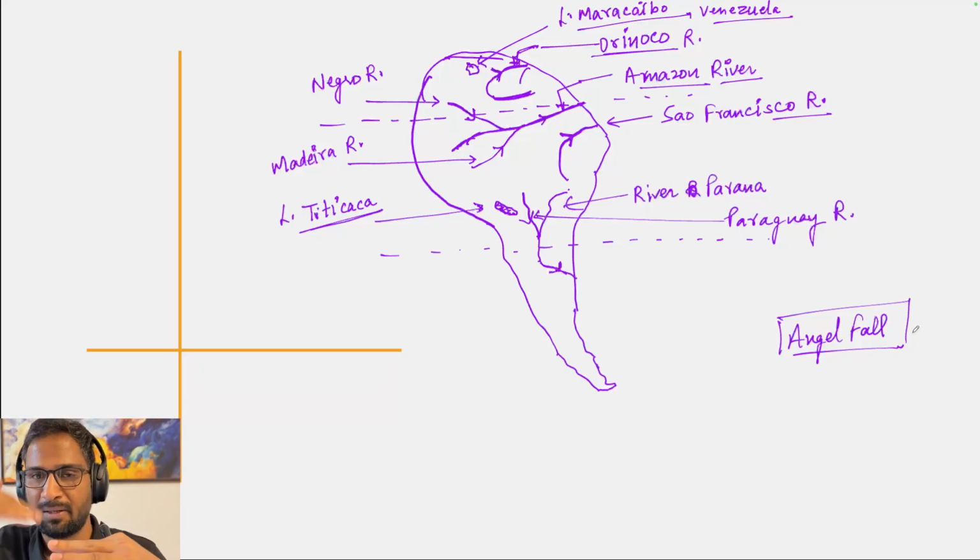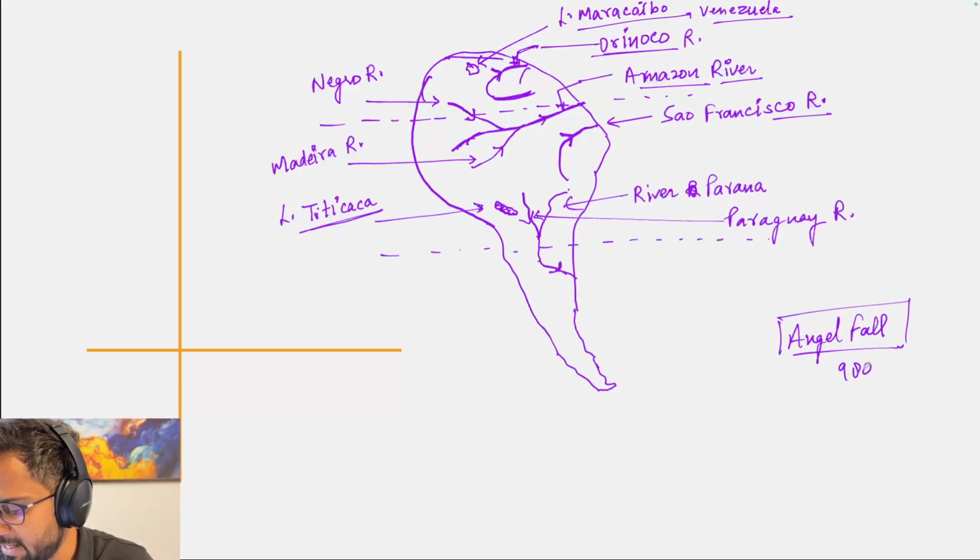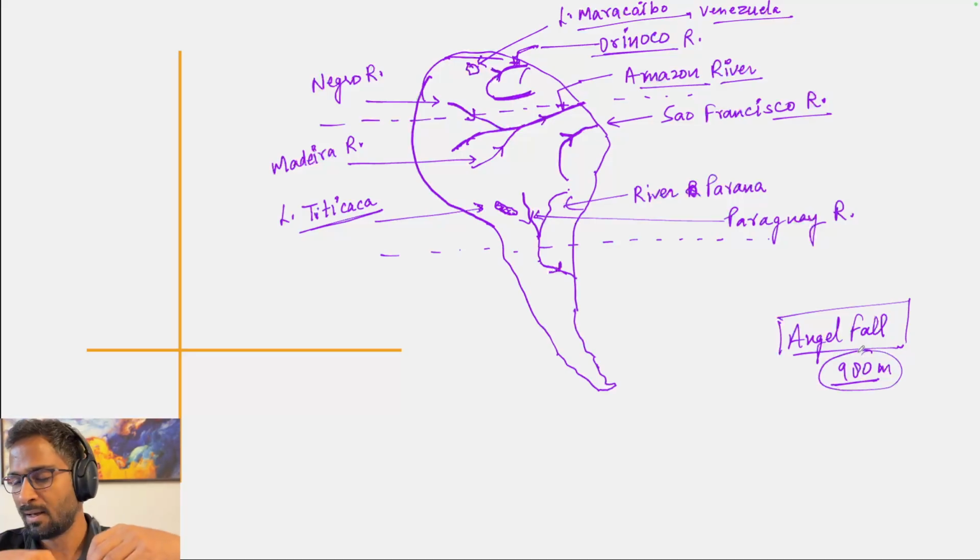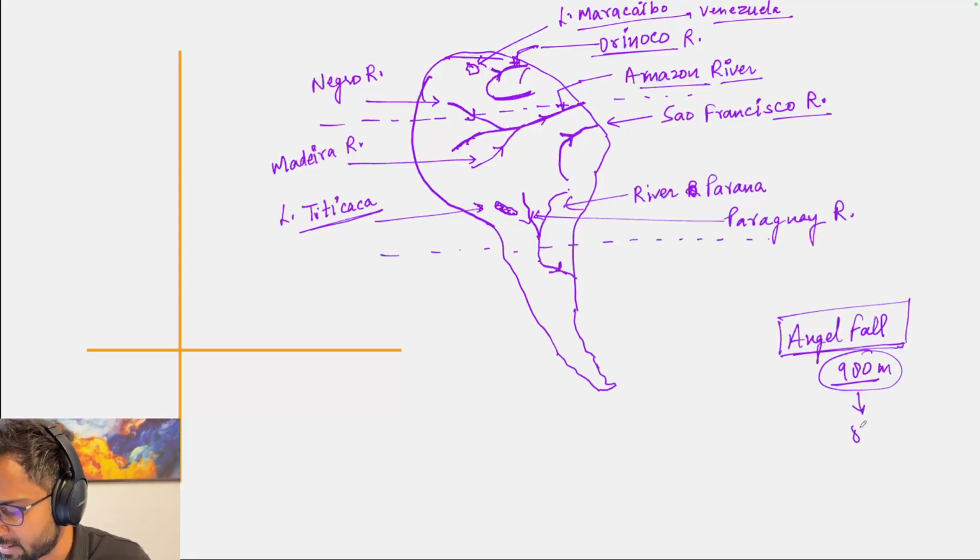Its height is nearly 980 meters. So near to 1 kilometer, from 1 kilometer height, this waterfall falls and makes a plunge of nearly 800 meters.